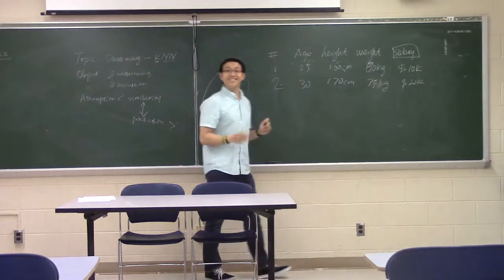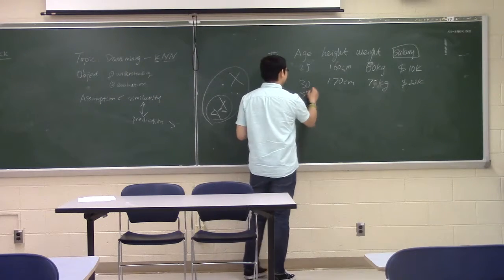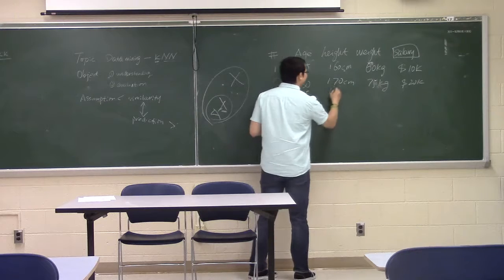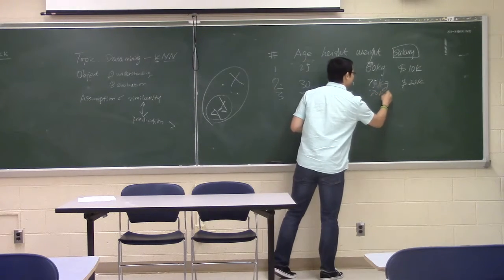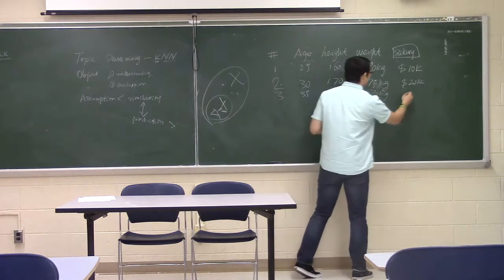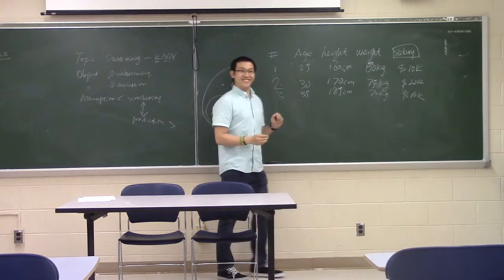Where's number 3? Age 35, height 185, 70 kilograms, and salary 60K. Oh, rich person. And number 4?